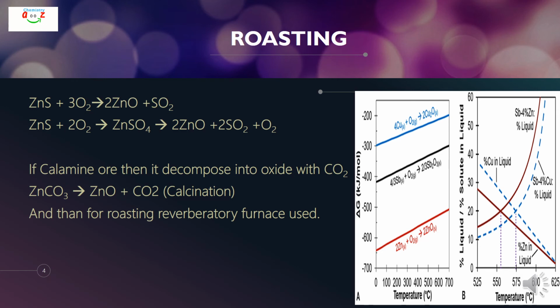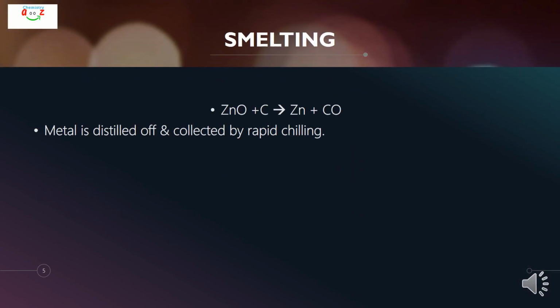In this graph you can see that zinc oxide is also present, and zinc oxide cannot be easily reduced, as I told you, because the value of delta G is near minus 600 to minus 700, and the temperature is 700 degrees Celsius. So this smelting process is done with zinc oxide and carbon, and we get pure zinc metal with carbon monoxide.